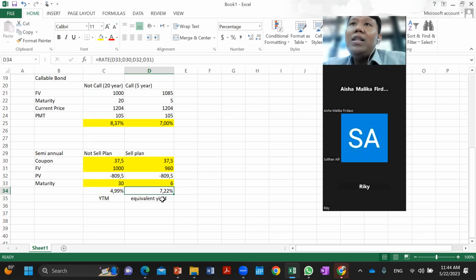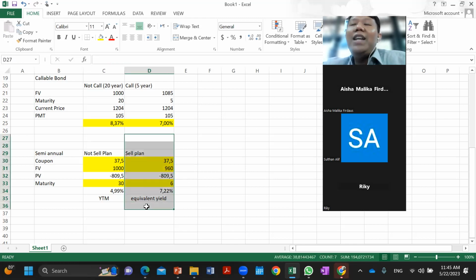If I hold it only 3 years, I get an expected return of 7.22%. Why should I hold until maturity and only get 5.99% while I can sell in 3 years and get 7.22%?